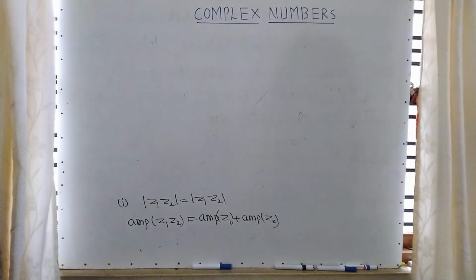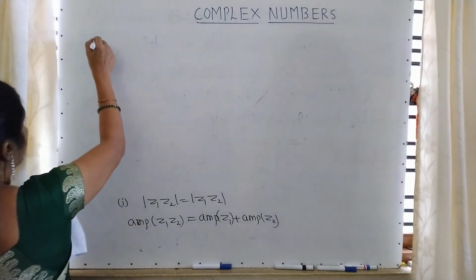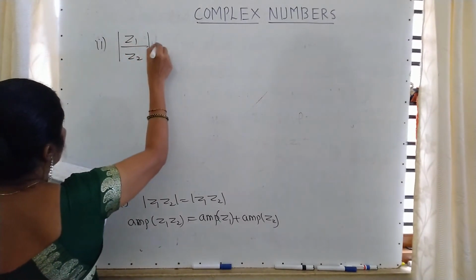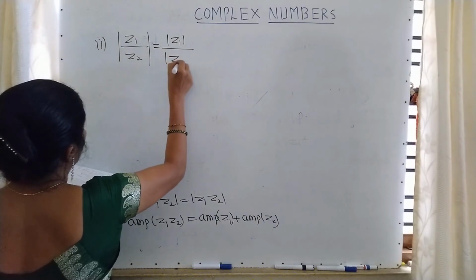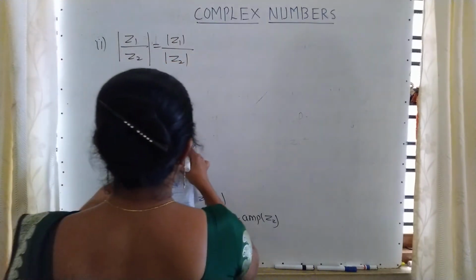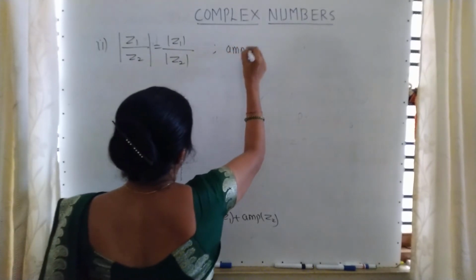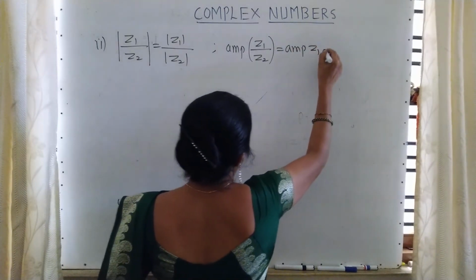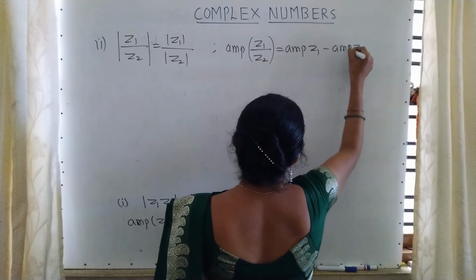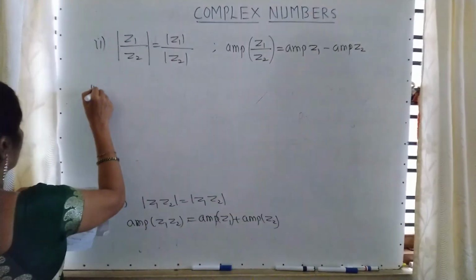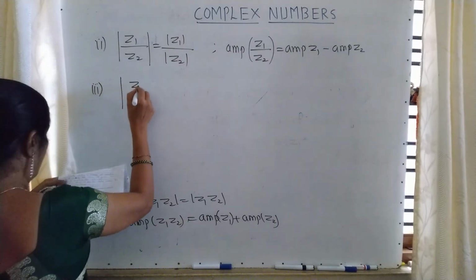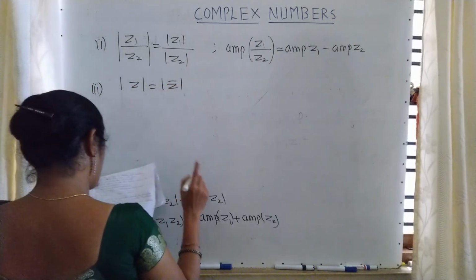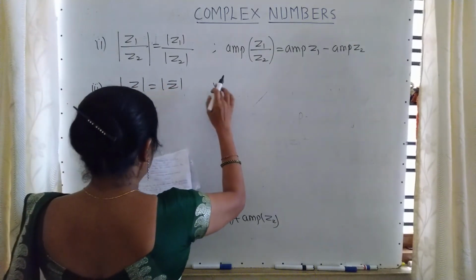Moving to the second one. Modulus of z and z bar, modulus of a number and its conjugate, are always equal.